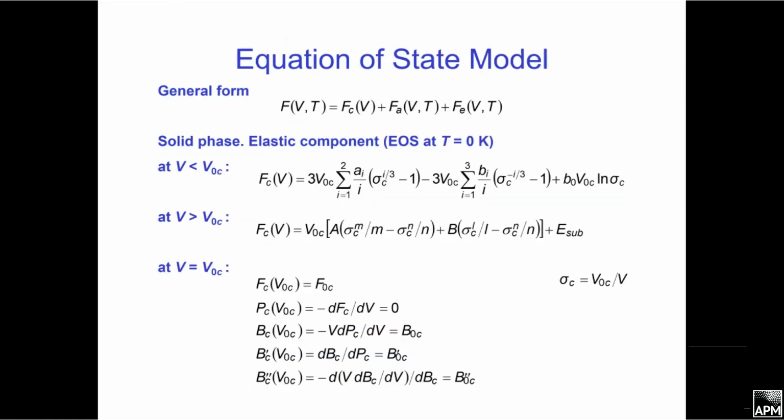So the formulas are simple enough, but there are many formulations. I will explain only the main features of this equation of state. It is based on the Helmholtz free energy potential as a function of volume and temperature.